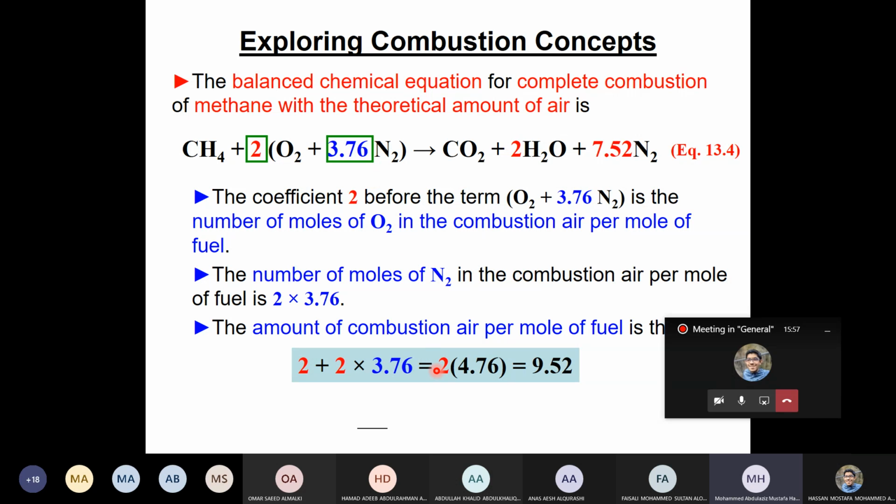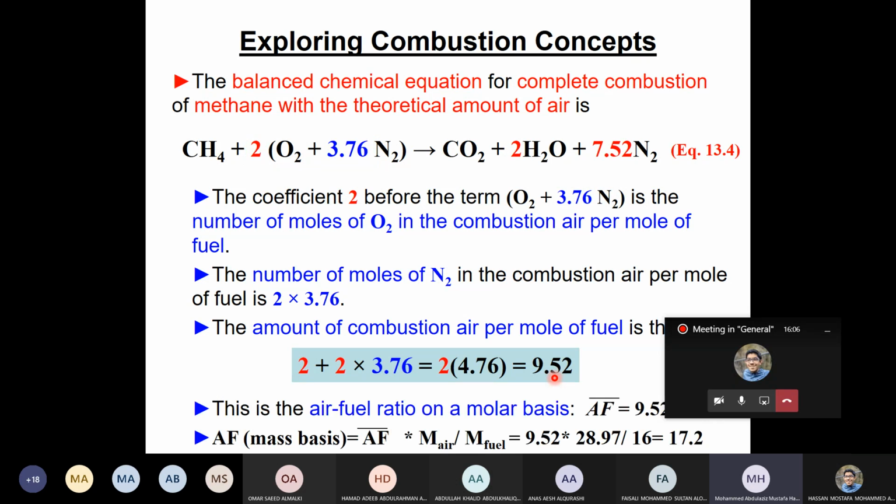So it is 2 multiplied by 4.76. This will give me the number of moles of air required for theoretical combustion. So this is 9.52 moles of air divided by 1 mole of fuel.